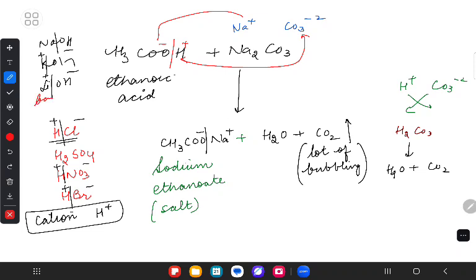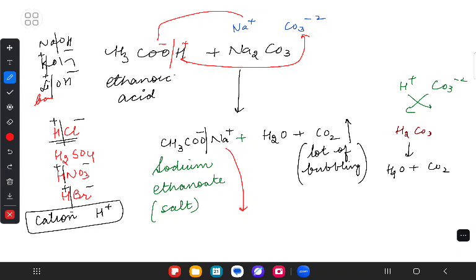Now you look at this part. The cation is Na plus, so the cation is anything but not H plus. And the anion is CH3COO negative but not OH negative. So the cation could be anything and the anion could also be anything. What does that mean?